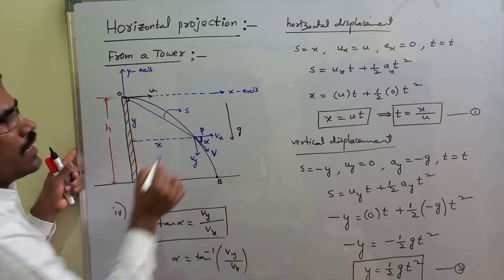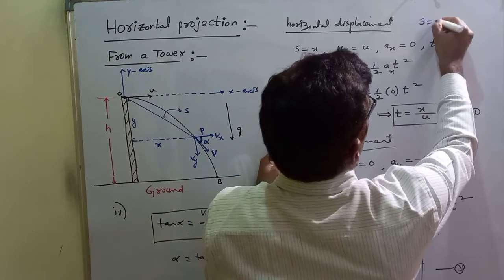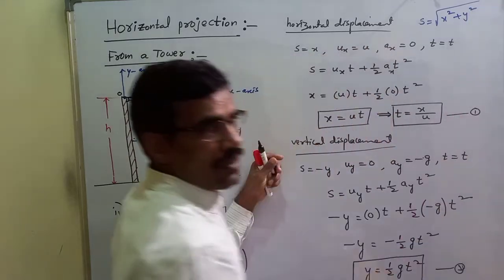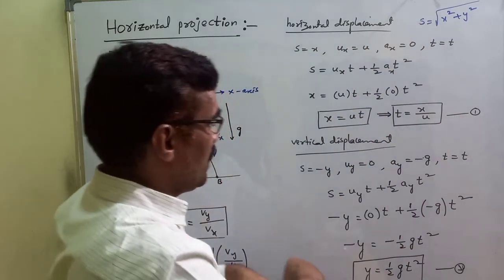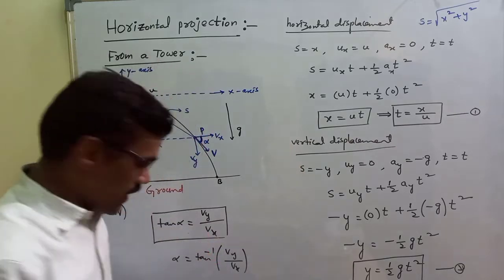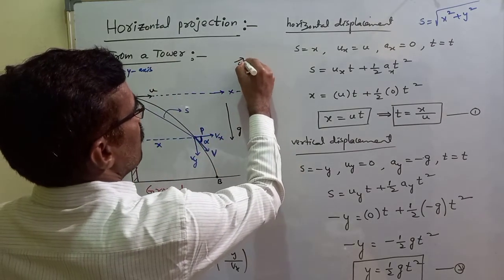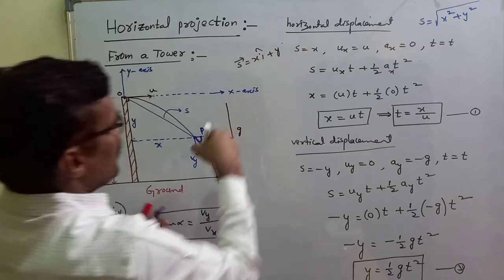Displacement S is equal to root over x square plus y square. This is the magnitude of displacement. In vector notation, S bar is equal to x i cap plus y j cap.